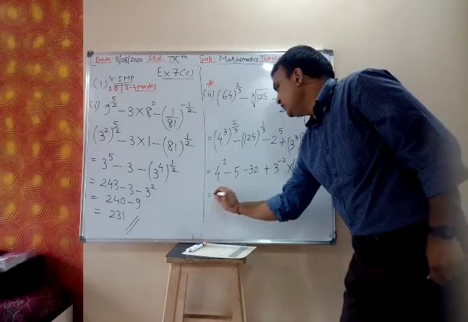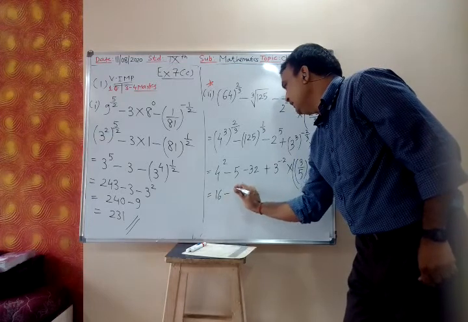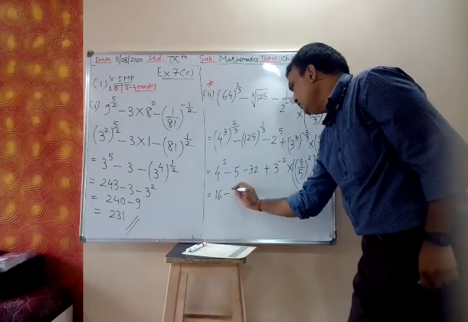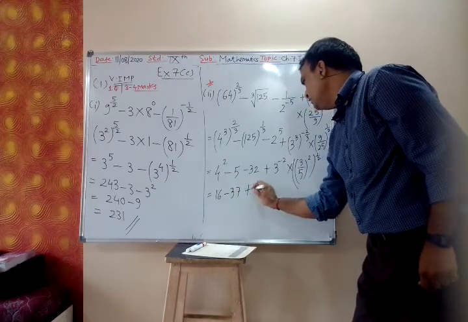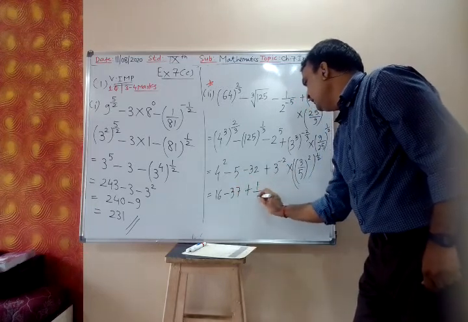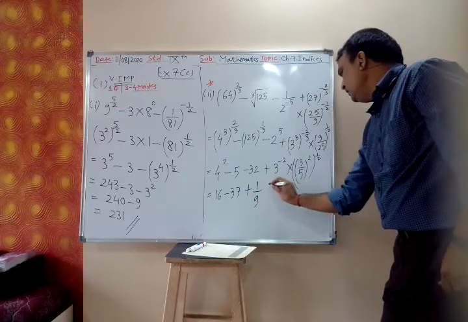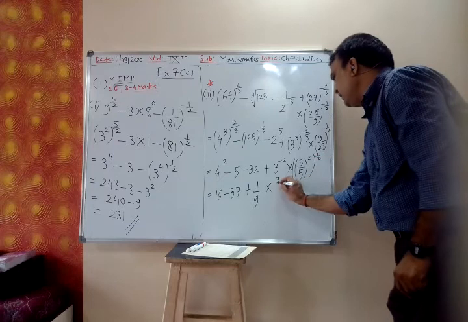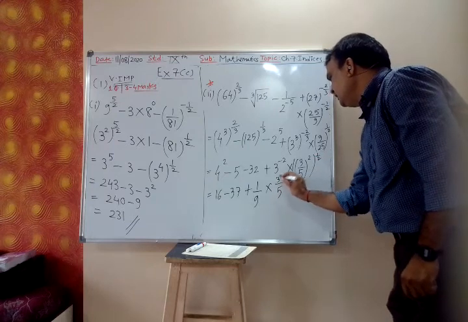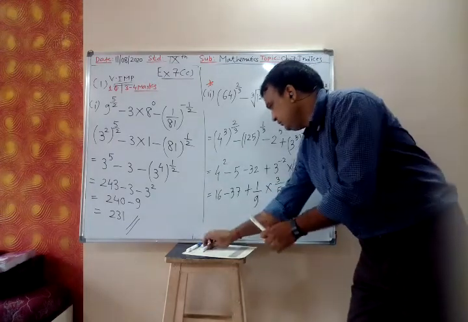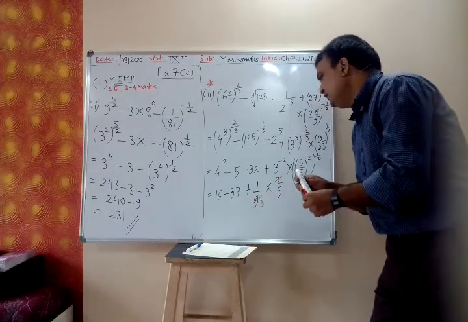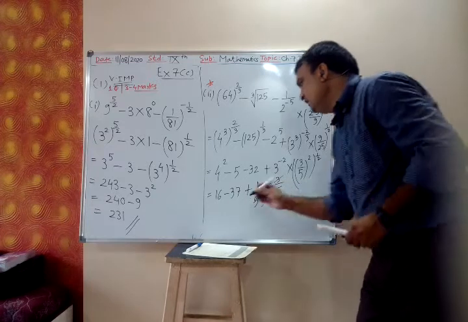So 4 square is 16. 16 minus 5 minus 32 is minus 37, plus 3 raised to minus 2, which is 1 upon 9. Now 3 upon 5, the 2 gets cancelled, 3 upon 5, 3 3s are 9.